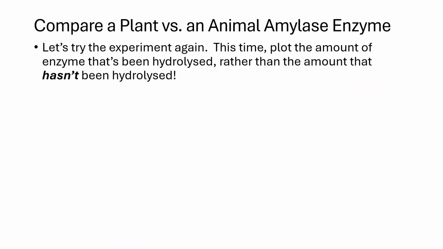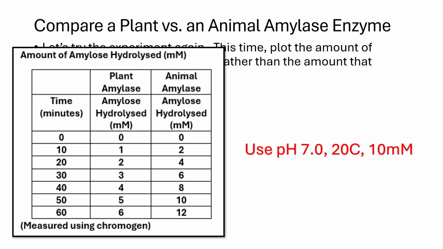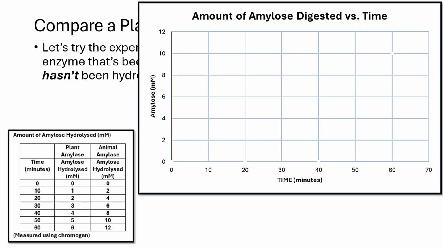Okay, let's try it again. This time, instead of measuring how much hasn't been hydrolyzed, we'll measure how much has been hydrolyzed. Okay, so there's our data. All right, so let's take a look at the plant amylase again.